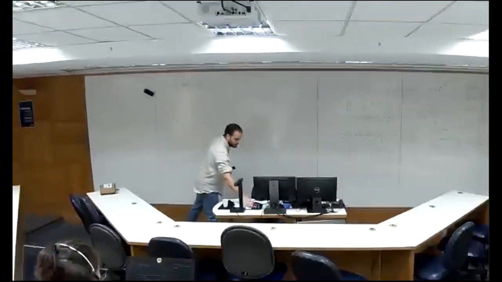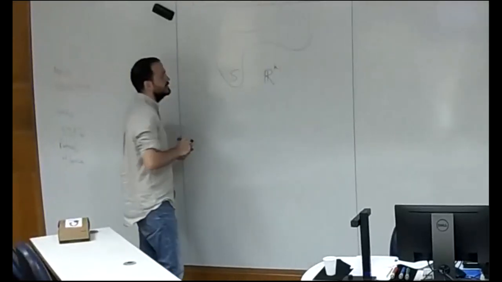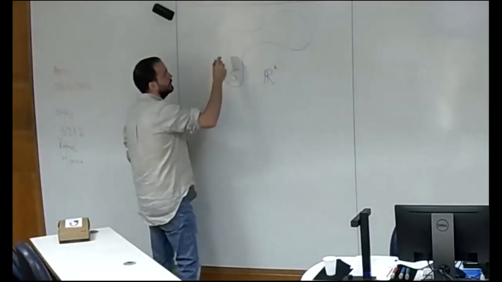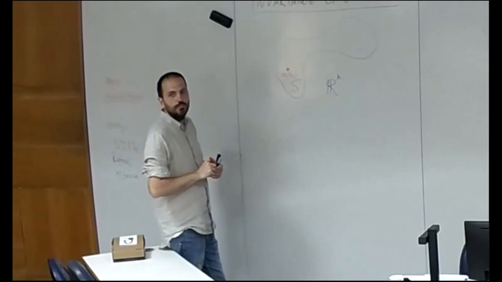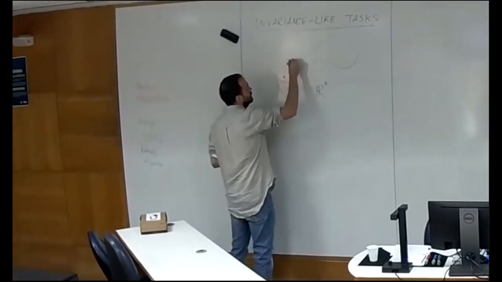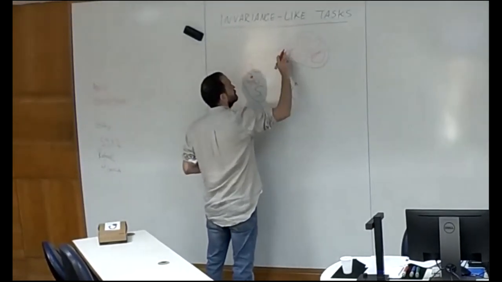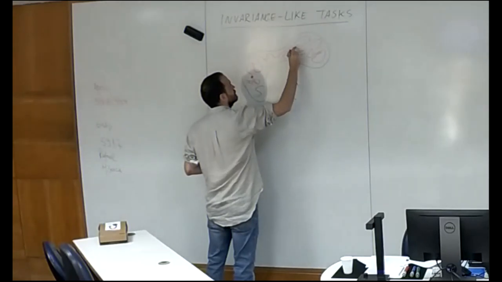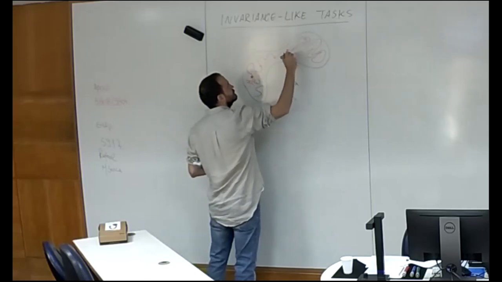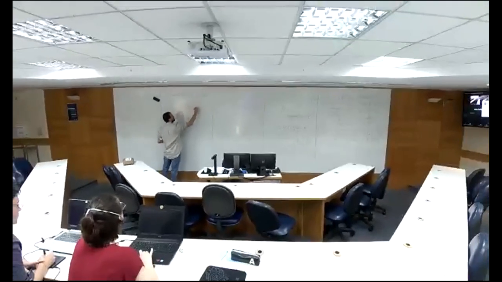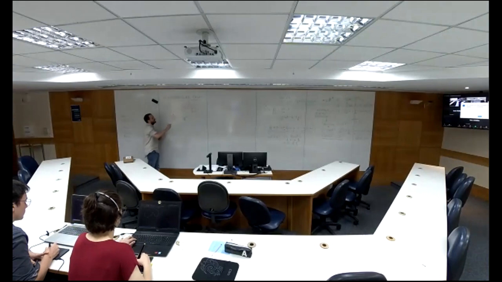This is the set, again in Rn, where the state has to remain confined. It starts at x of t0, at time t0, and as it evolves, we want it to never leave this set. The trajectory and so on.